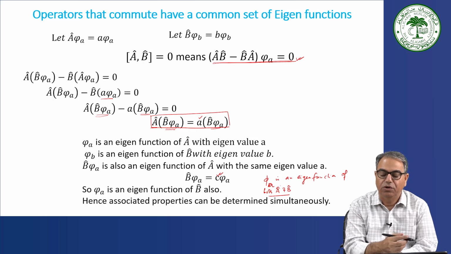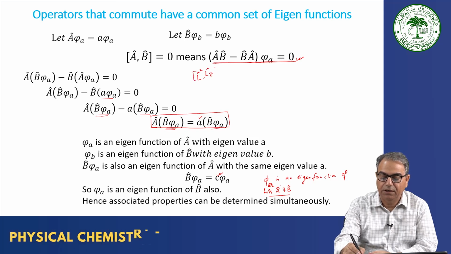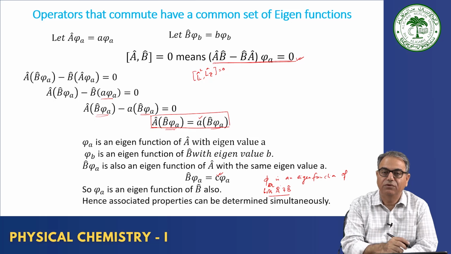So what we did is that since L square and Lz operators commute with each other, you can have the value of total angular momentum and one of the components of the angular momentum.